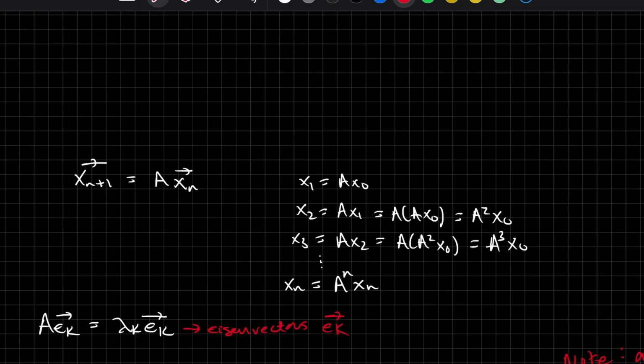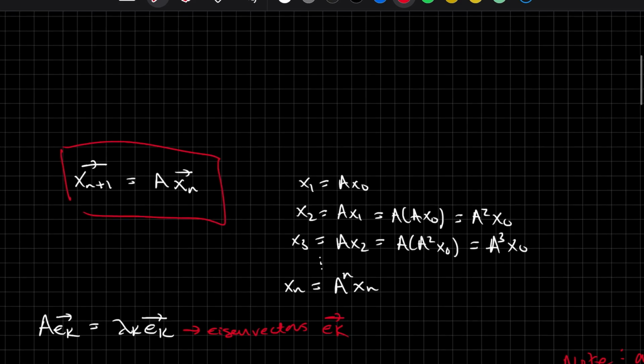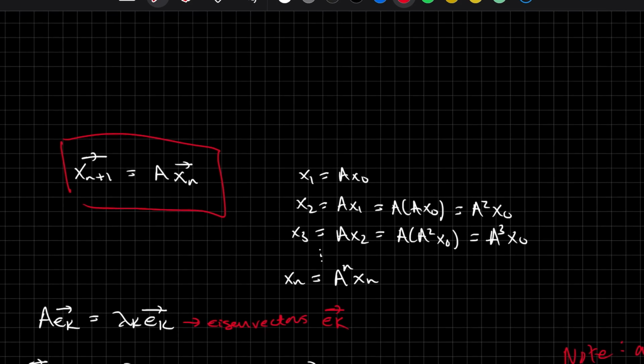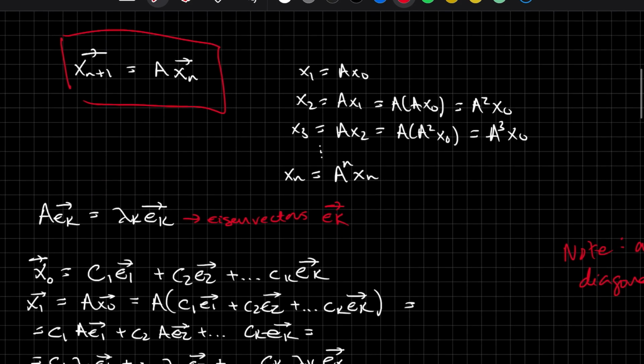This is our relation, a basic relation with some matrix A. So now we can say that x1 is A times x0. Then we can calculate x2 and x3, and we quickly realize that xn, a general term, is A to the n times x0. That becomes quite obvious quite quickly.